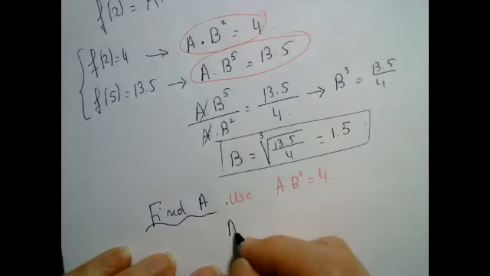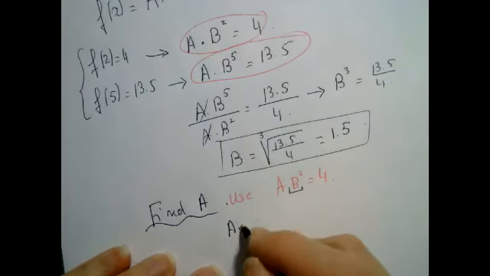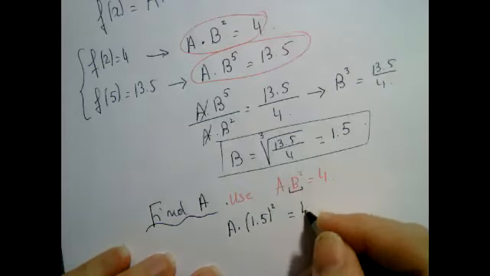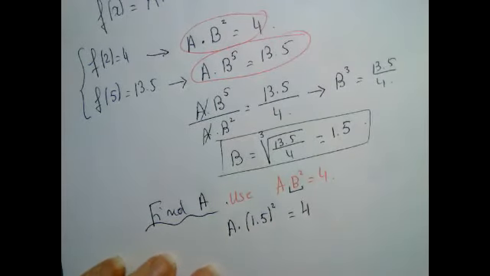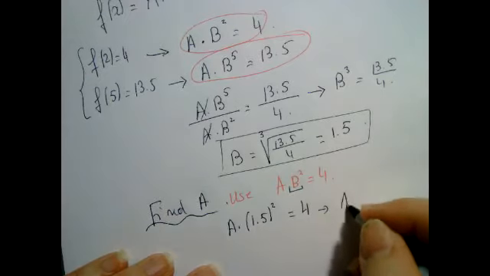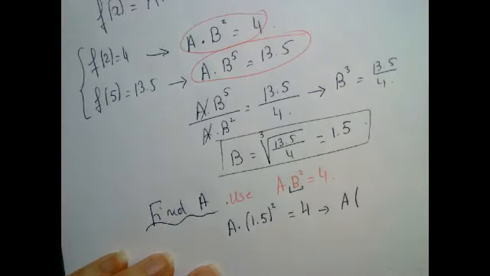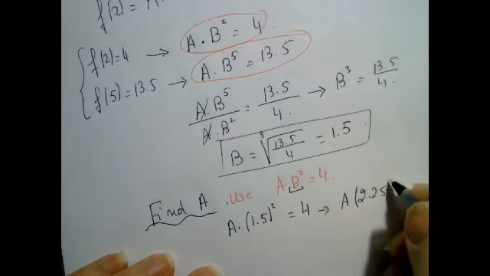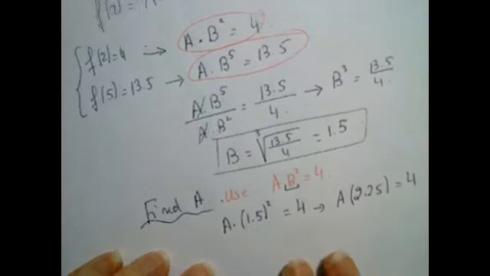So it means that A times B squared is 1.5 squared equal to 4. So this means that A times, now 1.5 squared, we can evaluate it. So if I do that squared, I'm getting 2.25 equal to 4.